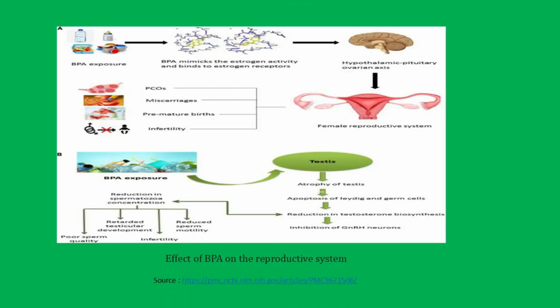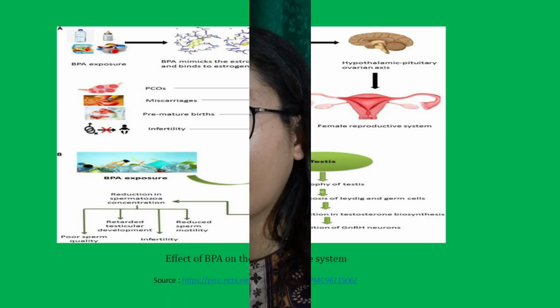And what about the effect of BPA on the reproductive system? BPA exposure can mimic estrogen activity and bind to estrogen receptors. After that, it disrupts the hypothalamic-pituitary-ovarian axis, followed by effects on the female reproductive system like PCOS, miscarriage, premature birth, and infertility.